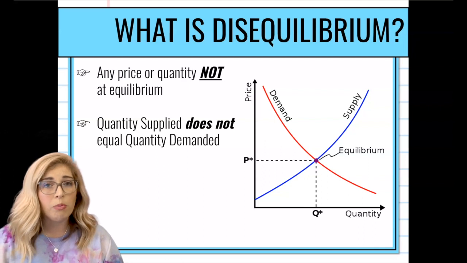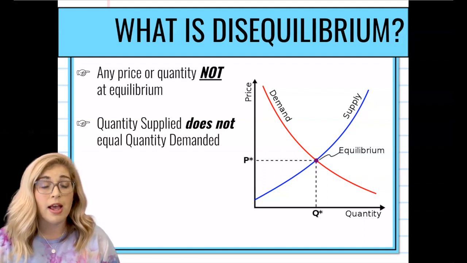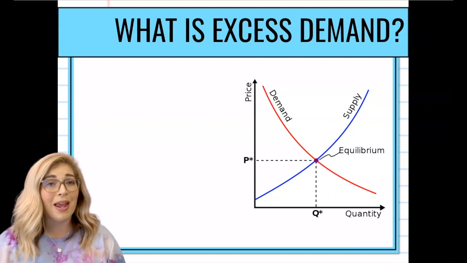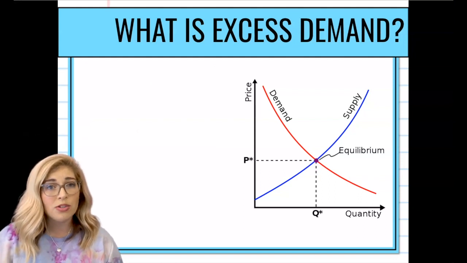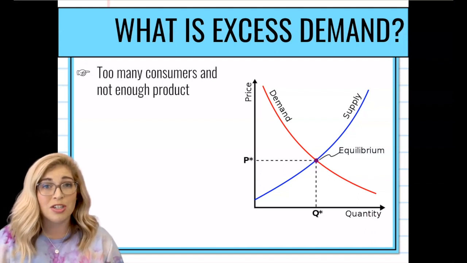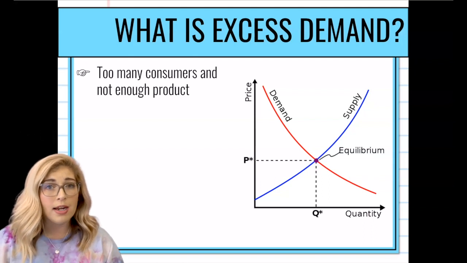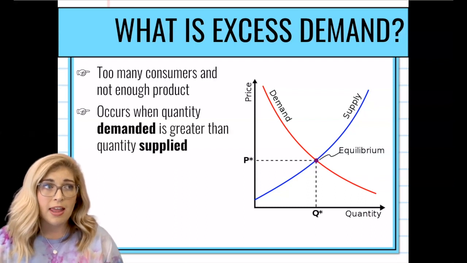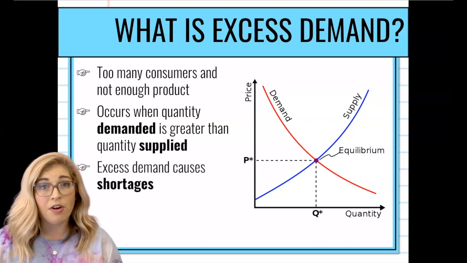Now, with equilibrium, we're going to have two phenomena known as excess demand and excess supply. Excess demand is when we have too many consumers and not enough product. Excess demand, too much demand. This occurs when the quantity demanded is greater than the quantity supplied, and it creates shortages. Think about Christmas time, or Black Friday shopping.